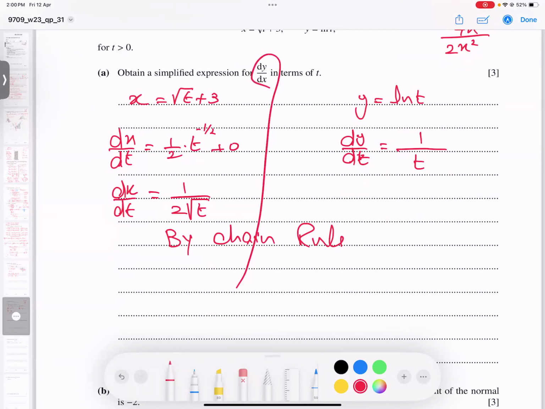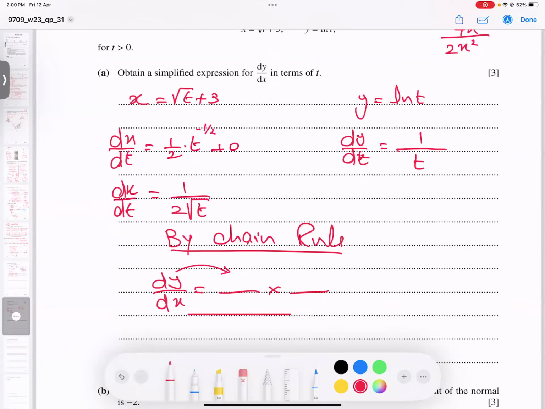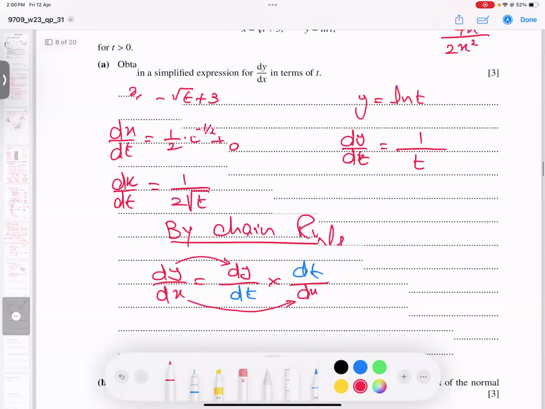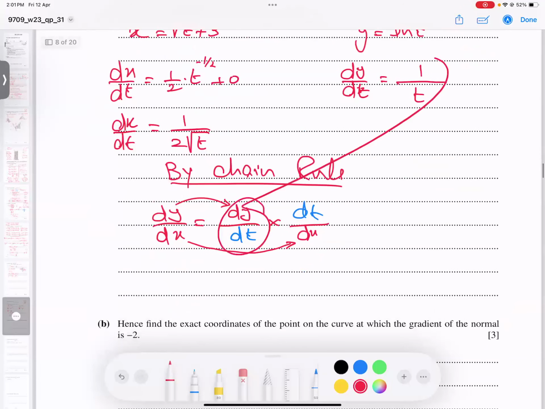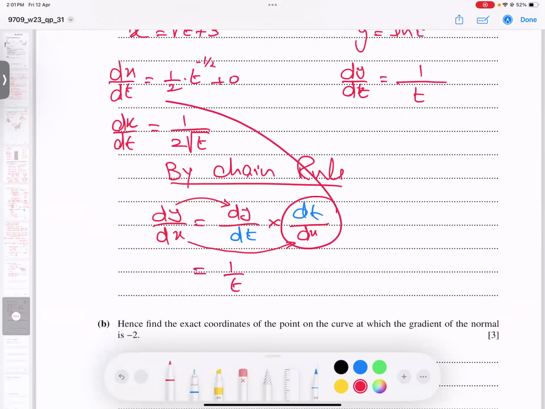What is my target to get, students? dy over dx is my target. So what I will write here: this will come up the same, this will go down the same. I repeat, here dy will come, here dx will come. And the third variable in the question is t, so I'm writing dt here and dt here. Now students, check it. Is this the same? Yes, same. So this will come as it is. But is this the same?